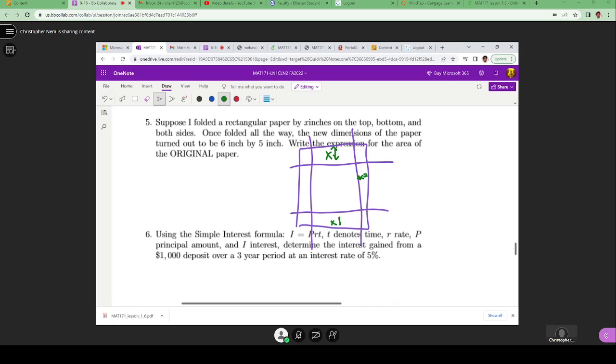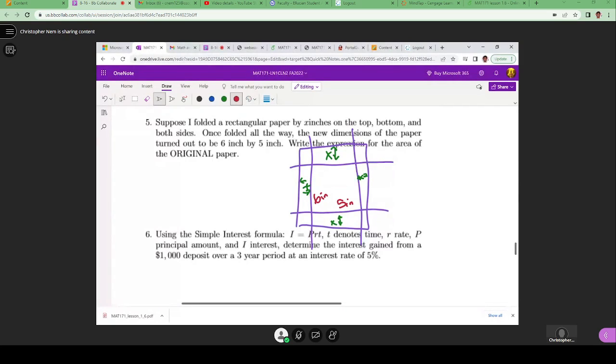X distance here. And X distance here. Right? They're all X distance folds. Now, the new size of the paper is going to be 6 inch by 5 inch. So I've got to figure out what the area of the original paper is.